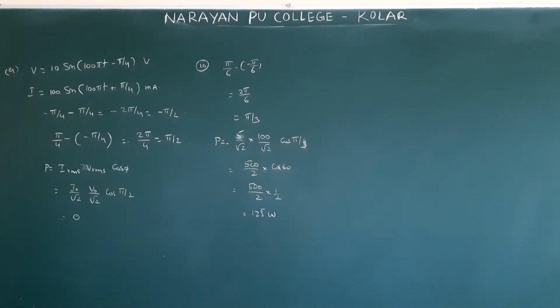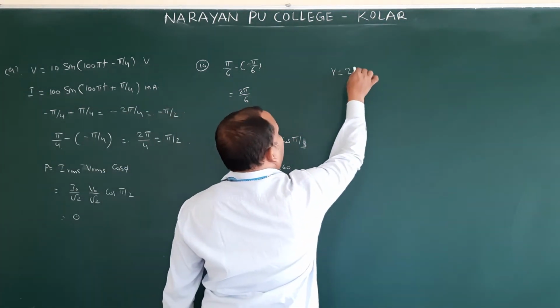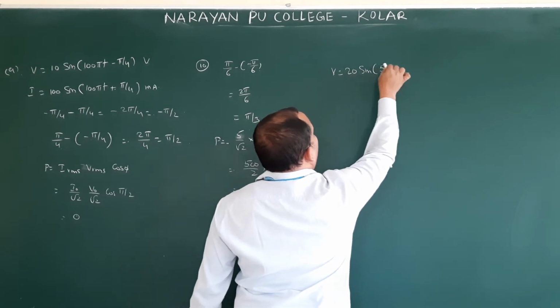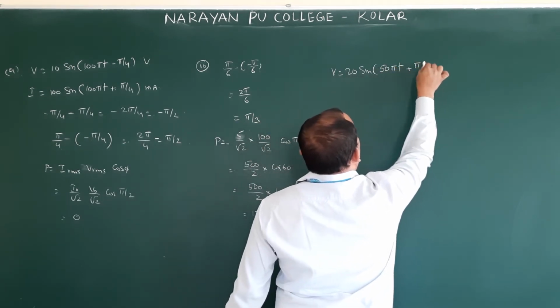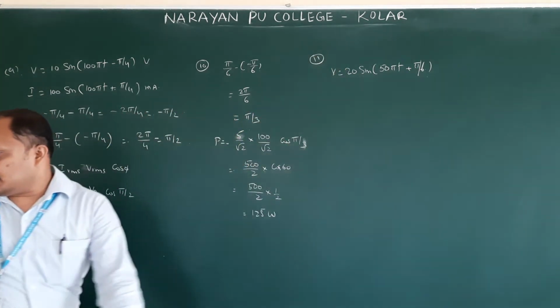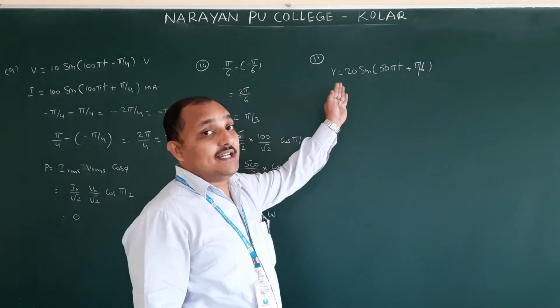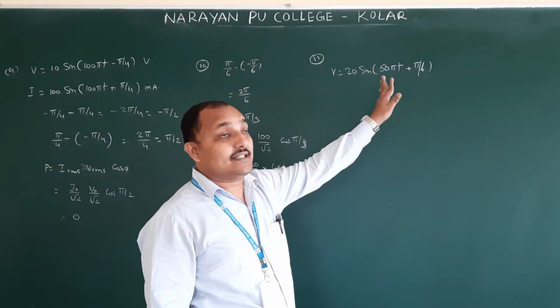Next, 11th one. The instantaneous value of voltage in an AC circuit is V is equal to 20 sin(50 pi t plus pi by 6) volts. The voltage will be 0 for the first time at... Then they are asking voltage is 0 first time at, they are asking time.